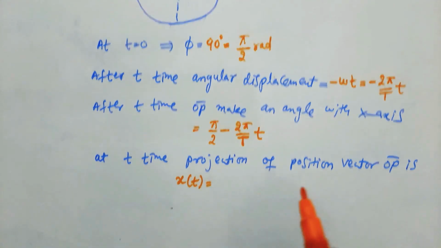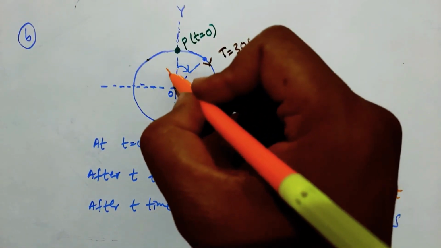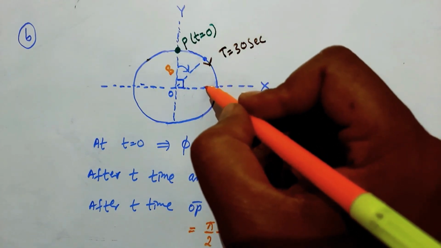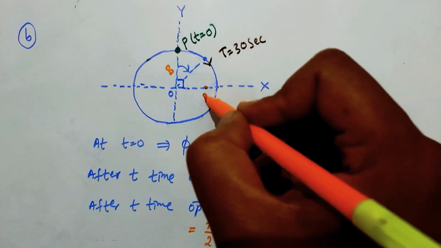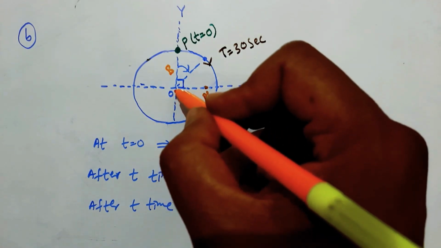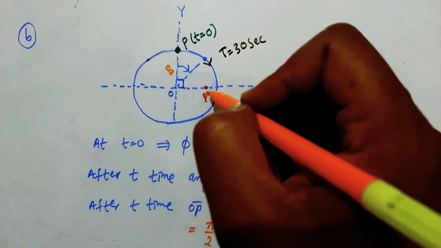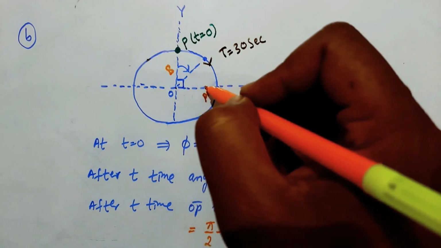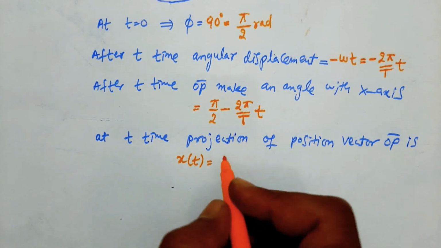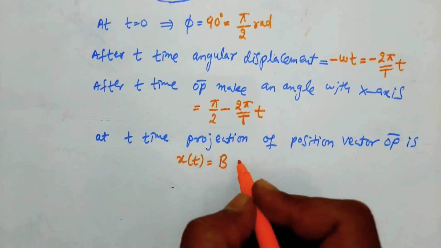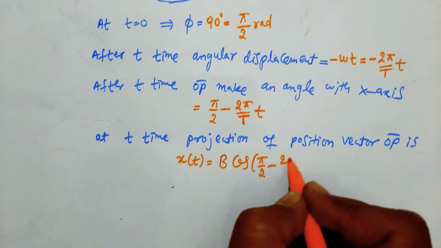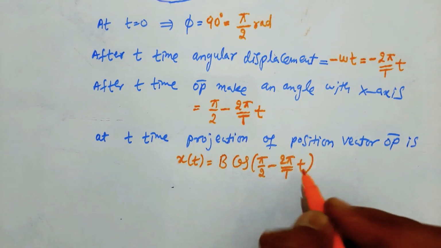Here the amplitude is B. After t time, let us take the projection P dash. What is the position of the projection P dash? That is OP dash, which is nothing but x of t. So x of t is equal to B cos phase, where phase is equal to pi by 2 minus 2 pi by T into t.